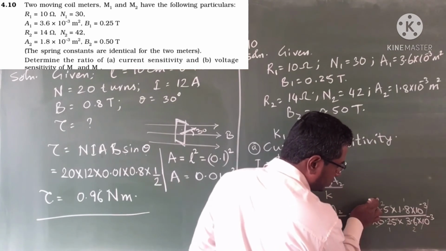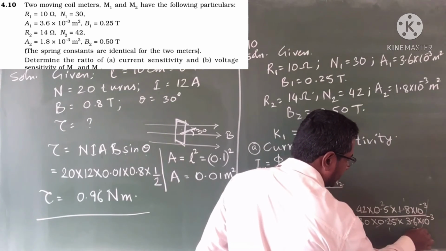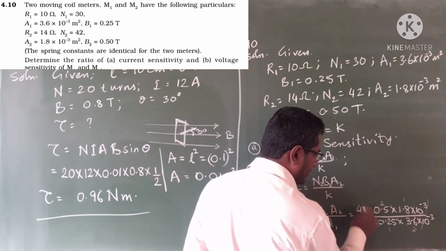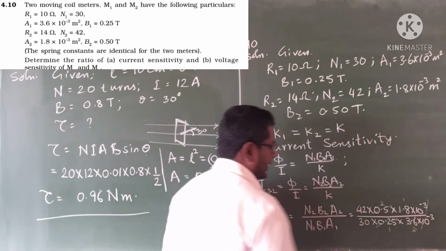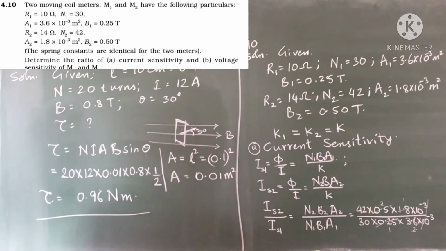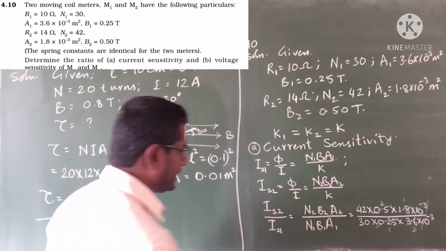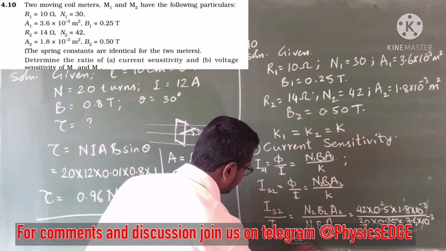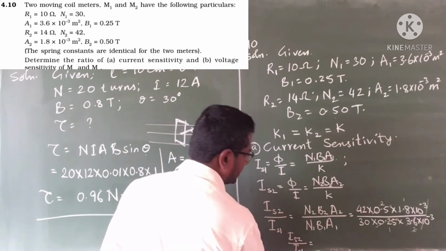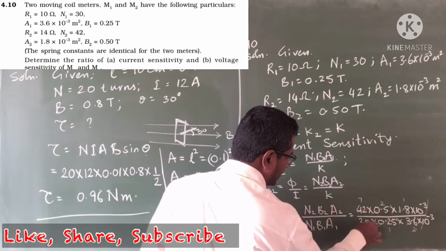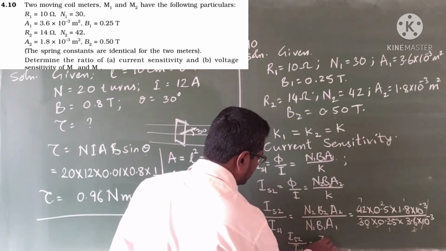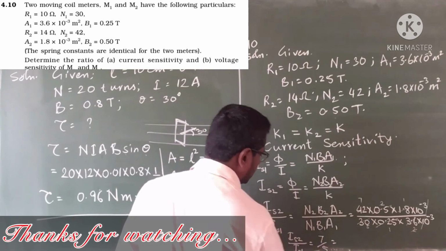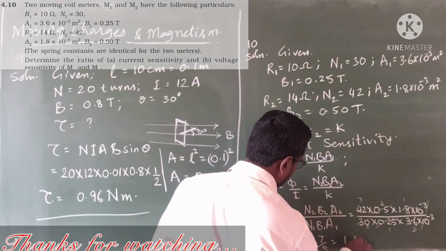So again I have a 2 in the numerator and a 2 in the denominator, and I can cancel that 2 as well. So what I am left with here is only 42 by 30, and we come across 42 by 30 in the table of 6. So I can write here IS2 divided by IS1 equals, 6 7s are 42, 6 5s are 30, so it is going to be 7 by 5, or in decimal, 1.4.